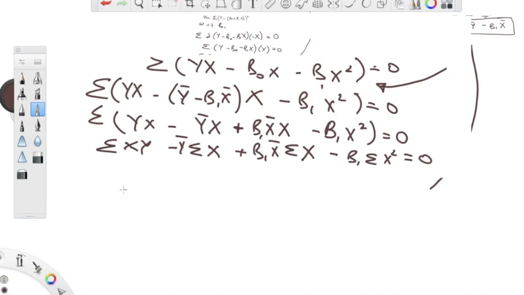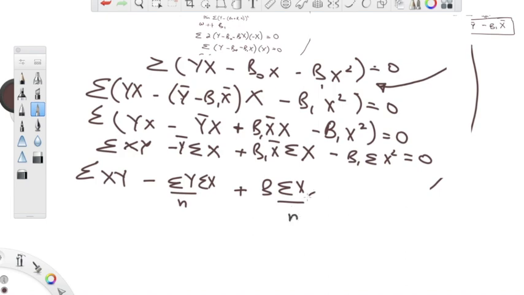Now this equation is sigma xy minus, recall that we can convert the average into sigma y over n, and it's getting multiplied by sigma x, plus beta 1, recall we can convert this into sigma x over n into sigma x. I'll remove the into sign over here because it might cause some confusion.